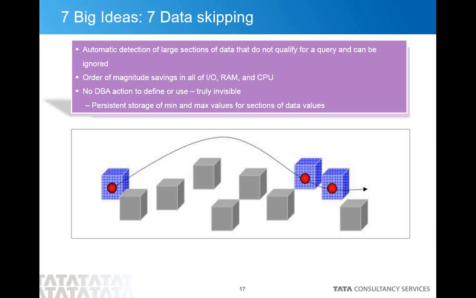Let's say in a table we have employee bonus. So it will store the minimum and maximum value of the bonus stored in a single page. So this is a way we try to skip the data.